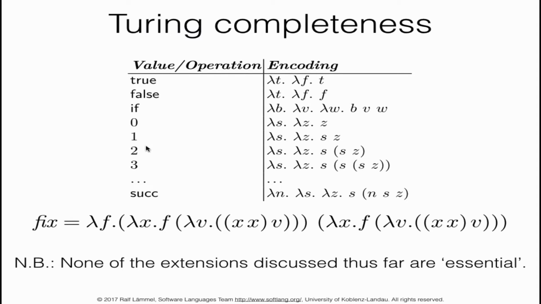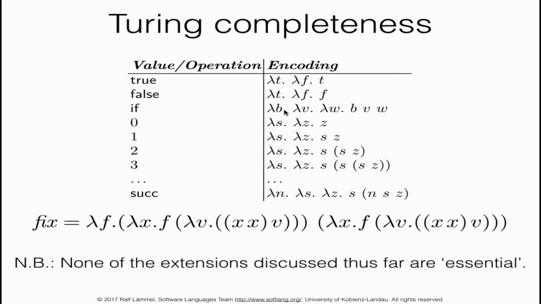For the natural numbers, we just encode them by lambda abstractions that take an s and then a z. S, think of successor, z, zero, and then the natural number n is encoded as a lambda abstraction where we apply s n times to z.